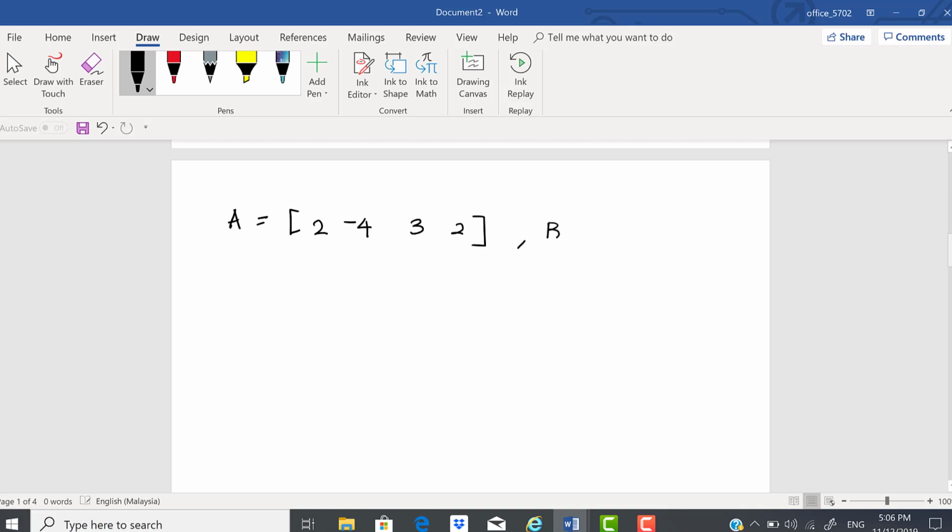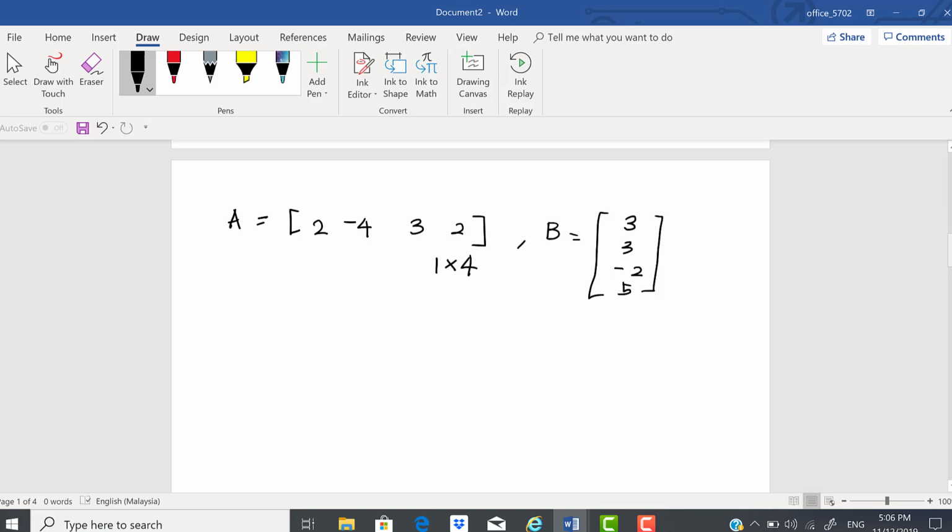And we have our B is equal to 3, 3, negative 2 and 5. Okay, now this is 1 row and we have 4 columns: 1 column, 2 columns, 3 columns and 4 columns. So it's a 1 by 4 matrix.